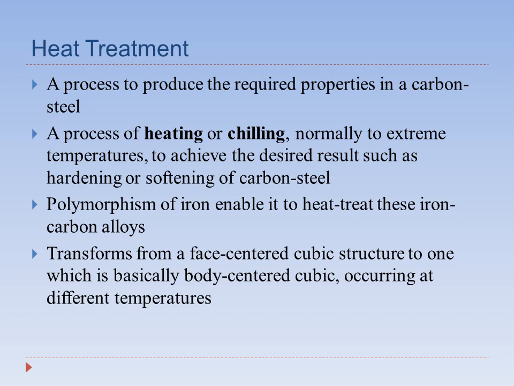So in a nutshell, because of the polymorphism of iron, when we heat and chill an iron alloy or carbon steel alloy, we get variation in properties, and we do it to obtain the required properties for a particular application.